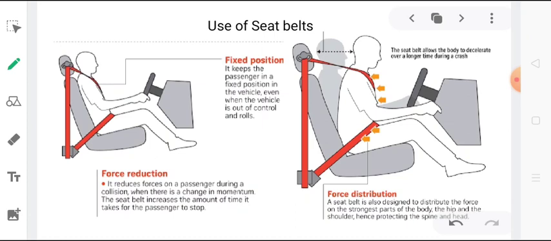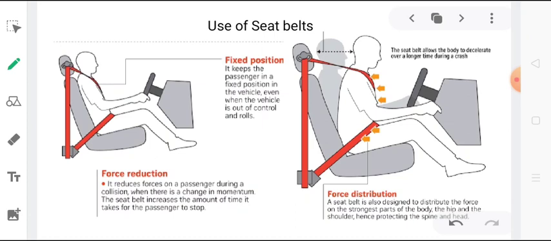So as you can see in the picture, if a person is tied to a seat belt, it keeps the passenger in a fixed position in the vehicle even when the vehicle is out of control and rolls. It reduces forces on a passenger during a collision. When there is a change in momentum, the seat belt increases the amount of time it takes for the passenger to stop.